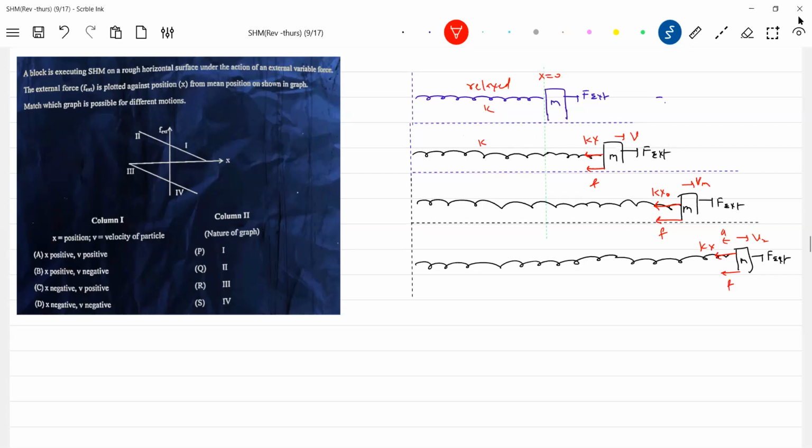Speed V2 will be less than Vm. So here it will accelerate. Now try to check it.